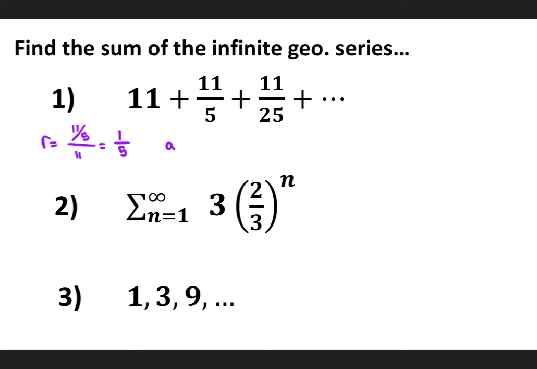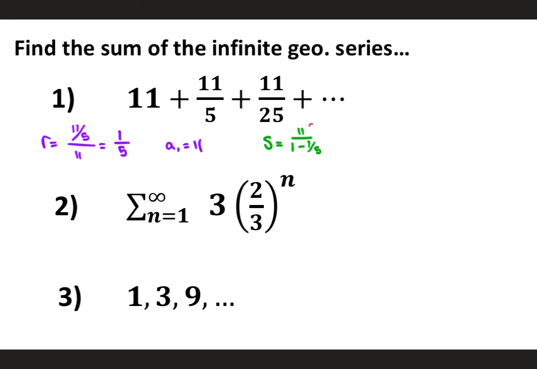Our first term here is 11, and hey, we have enough information to use our formula. So we'll say the sum of the series equals our first term, 11, over 1 minus 1/5. Oops, I wrote 1/2. I meant to write 1/5. Let's fix that. All right, and then this is where our skills with complex fractions that we learned about earlier is going to come in handy.